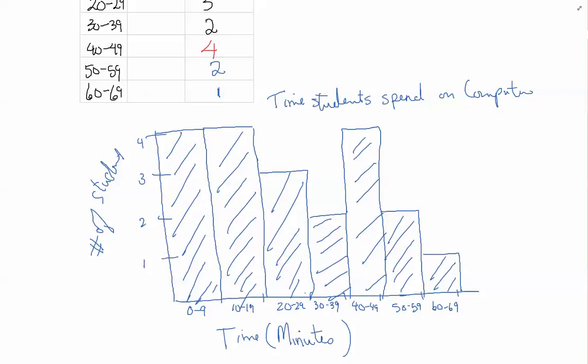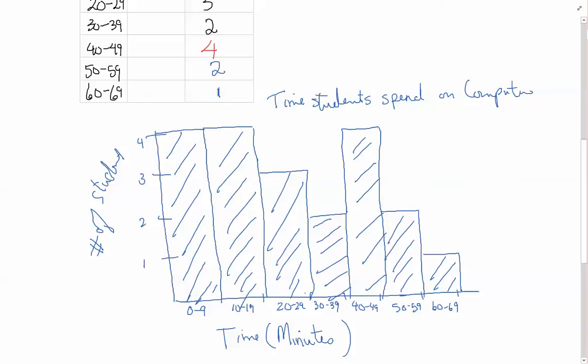Okay, so we have our histogram. A histogram is a bar graph where the bars touch, and the bars represent an interval of the type of data that you're collecting.